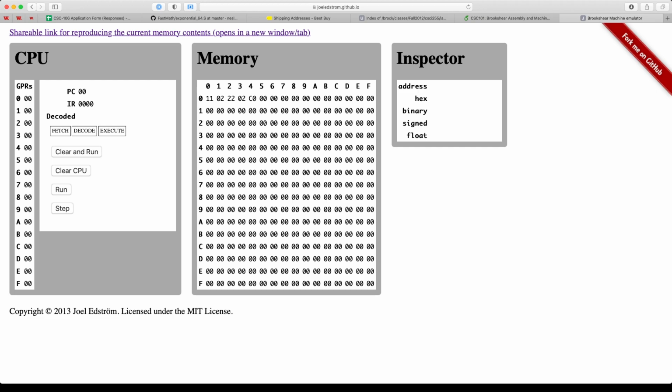On this particular architecture, every instruction takes 2 bytes worth of data, so the program counter will go up by 2 every time. So where's the first instruction that needs to get loaded? It starts at memory address 00 and finishes at memory address 01. So I need to copy that information into the instruction register. Okay, so I'll do that. And that is the fetch step.